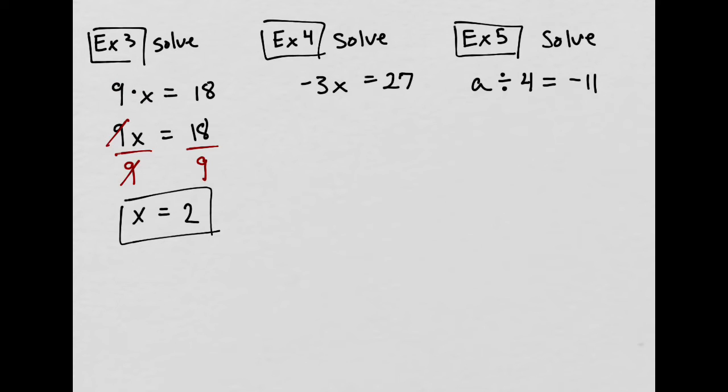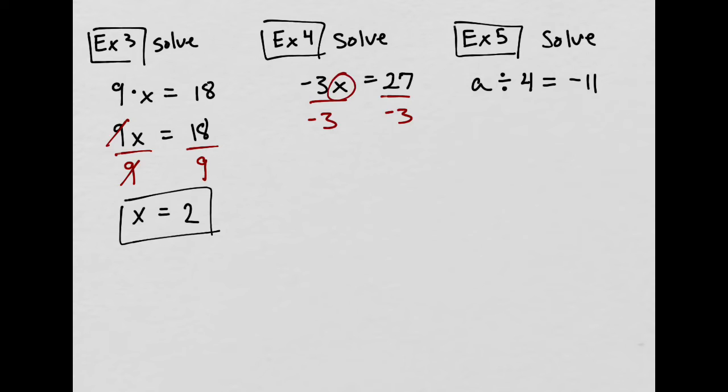All right, the next one, simple one, same idea. It's -3 times x equals 27. So you do the opposite of times, which is divide, -3, -3. You're always looking at the numbers that are closest to the x. So that's why I'm dividing by -3. I'm not going to divide by 27 to both sides because that won't get the x by itself.